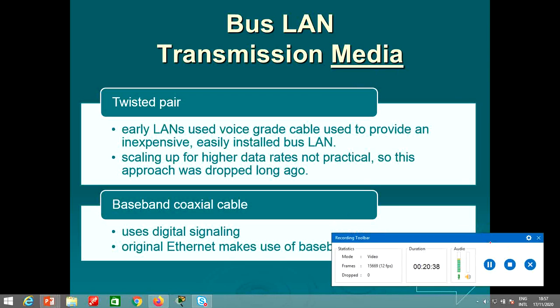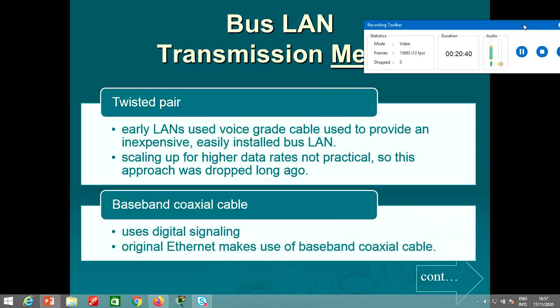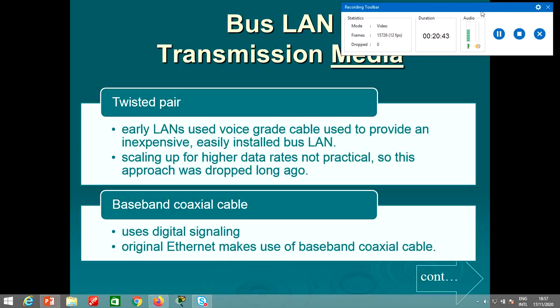Alright, now let's talk about what kind of medium can be used for designing various kinds of topologies. There are four alternative media that can be used in a bus LAN. First is twisted pair, and the second is baseband coaxial cable.